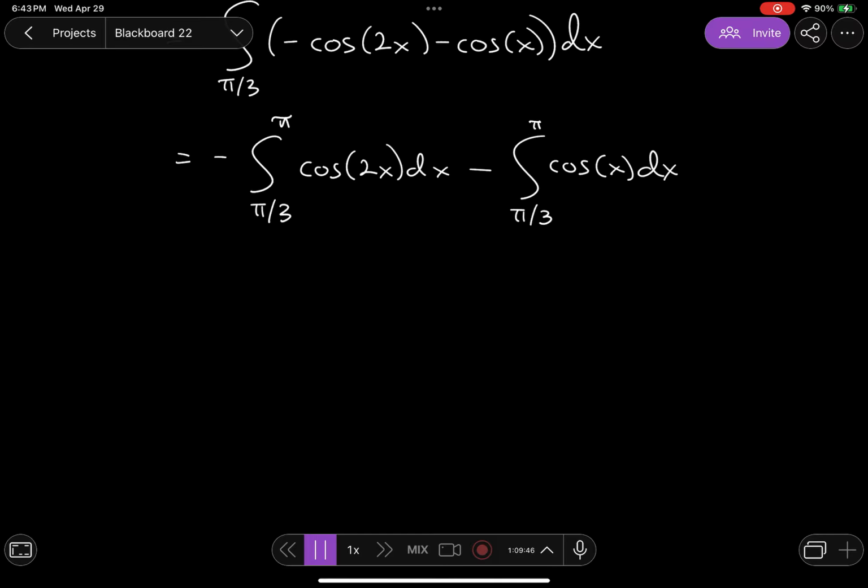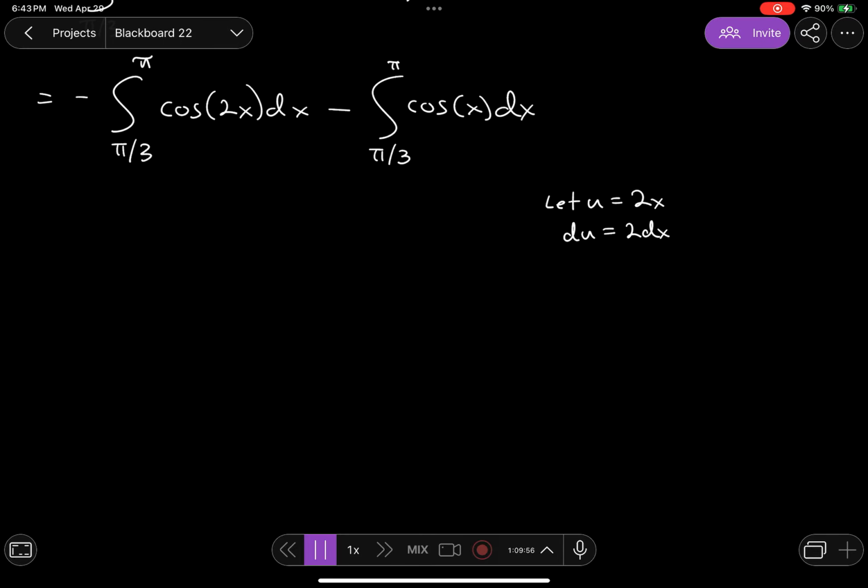All right. This is the same thing as the, oh shoot, you know what I'm going to do? I'm going to do a u sub. I'm going to say let u equal 2x. That tells me that du is the same thing as 2 dx. Also, if x is equal to pi thirds, and again, what I'm doing is I'm changing these bounds, that means that u is equal to 2 times pi thirds, which is equal to 2 pi thirds.